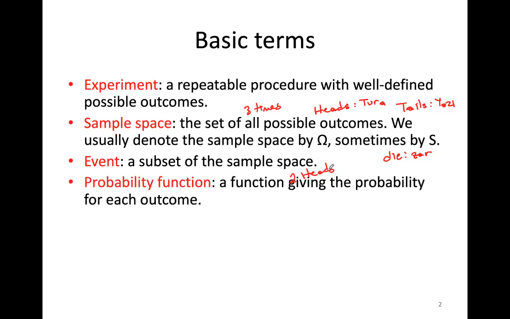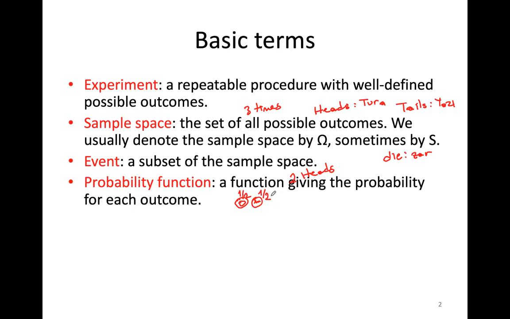If I talk about the probability function, this function will give me the probability for each outcome. For example, for flipping a coin, either I have heads or tails. The probability of obtaining heads is 1 over 2, and the probability of obtaining tails is 1 over 2.